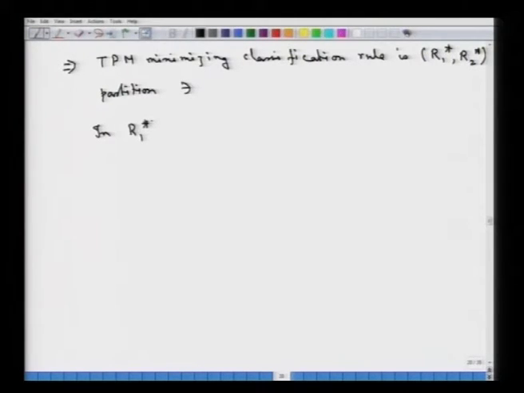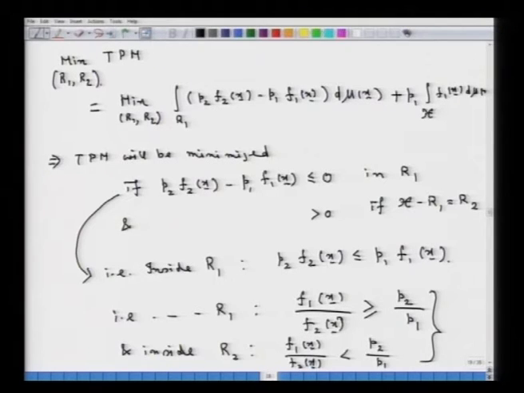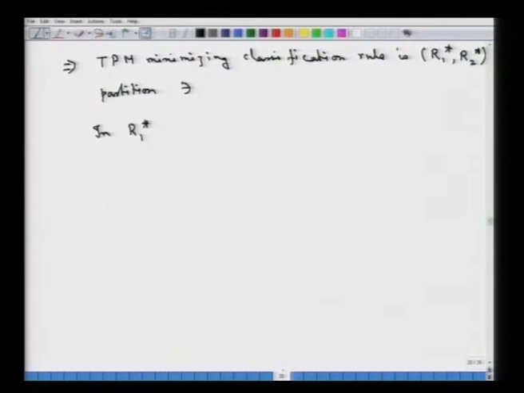I am just denoting this optimum partition R1 and R2 that we have derived as R1 star, R2 star, to show that it is that optimum partition.